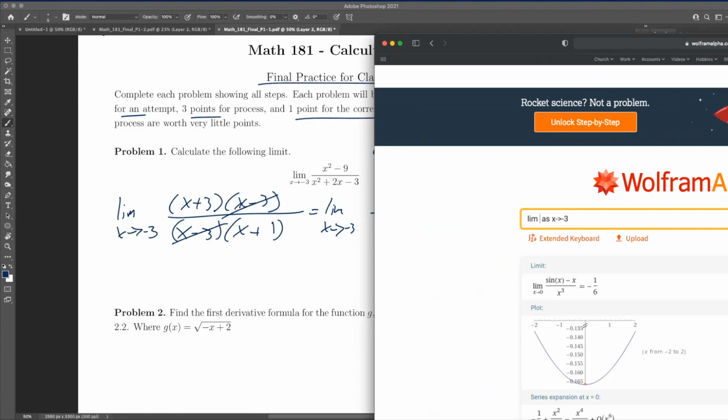Oops. I want to put that in parentheses. Plus 2x minus 3.